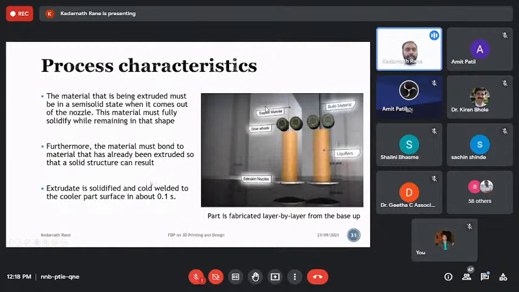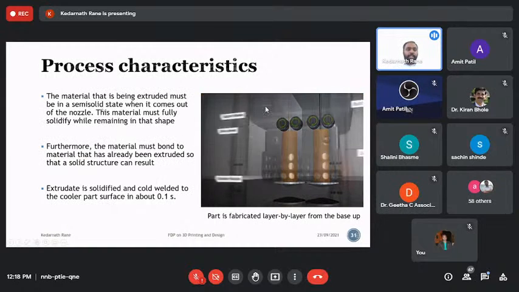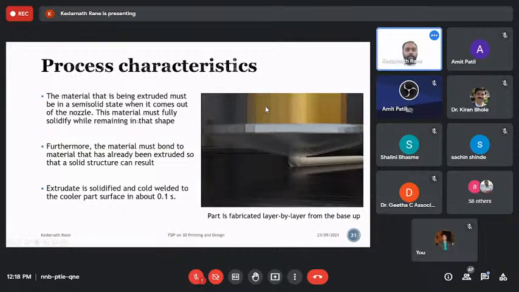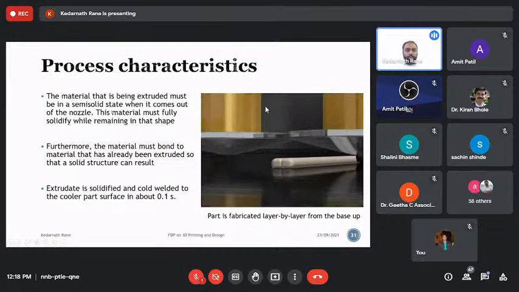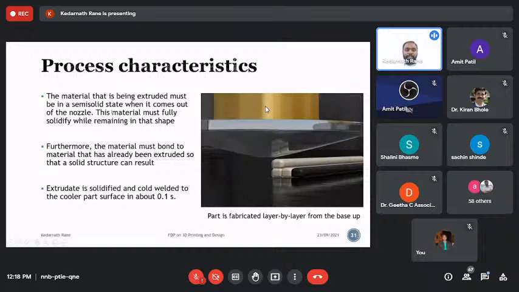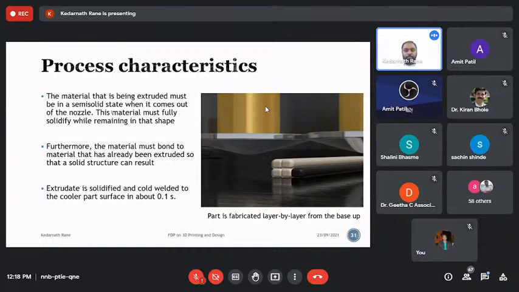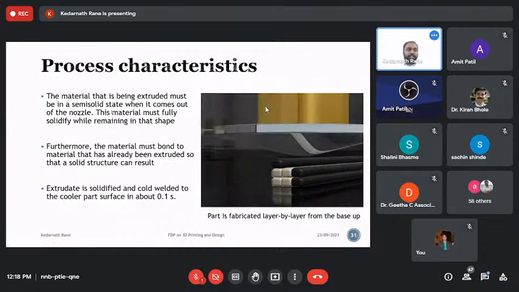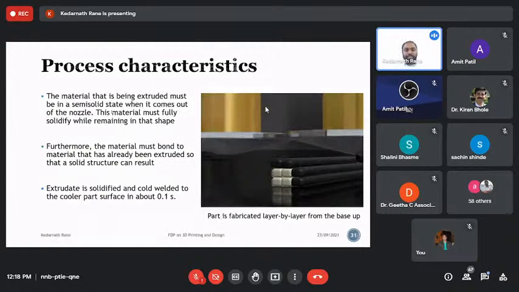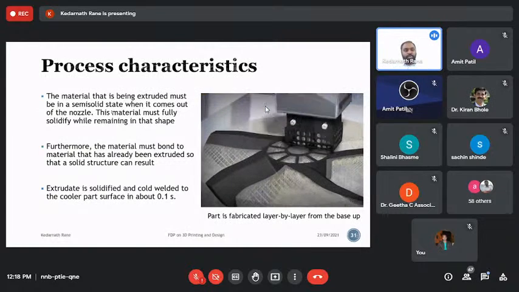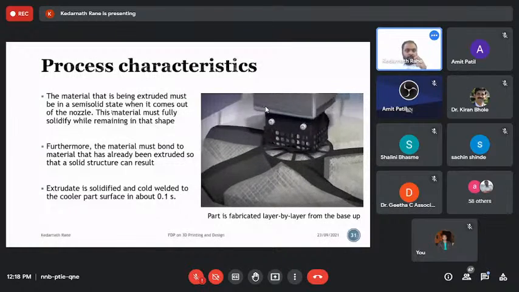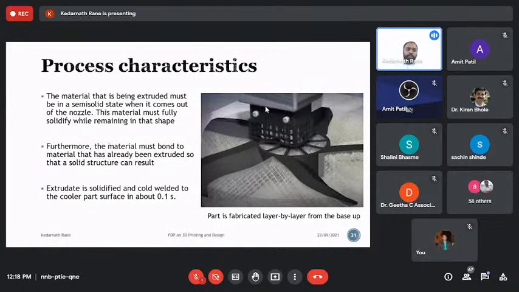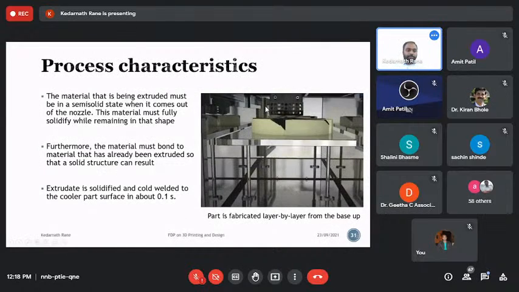The next criterion is about the material that is being extruded. Again, it is in semi-solid form. At the beginning, we should imagine that metals cannot be extruded. That's why we are using the PIM system. We are using polymers to get it in semi-solid form, and we can use it as an extrusion material.